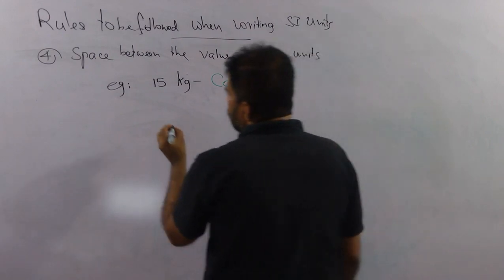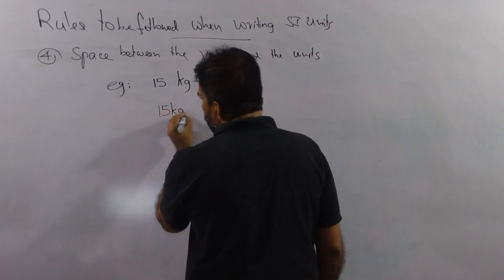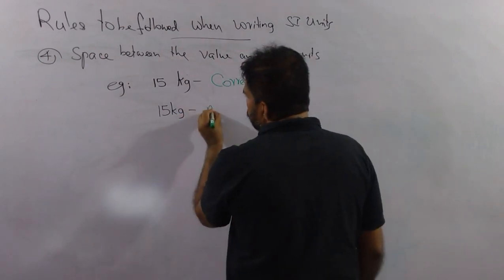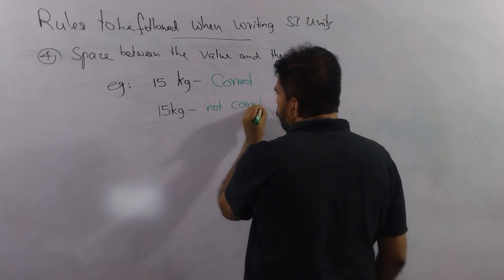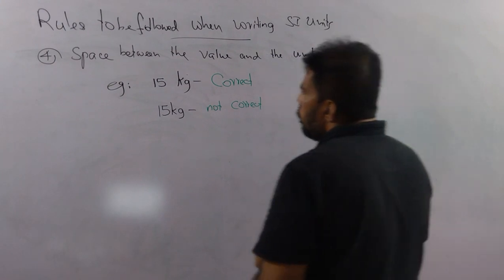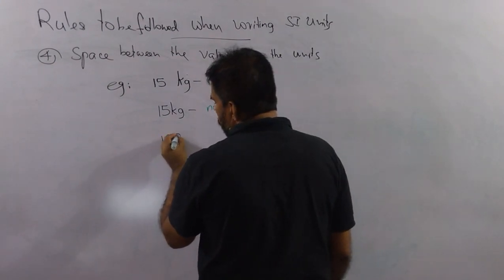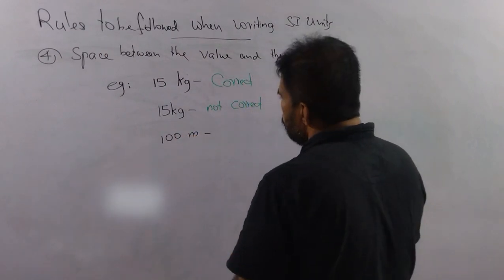But if you write 15 kilogram without a space, this is not correct. Right? Then let's say 100 meters. 100 meters, you have to write, yes, this is correct. 100, then space, meters.